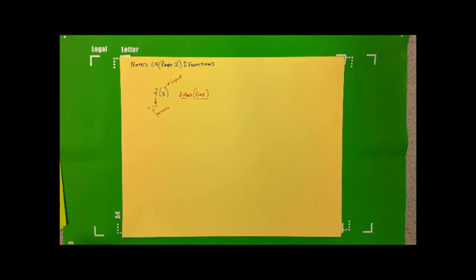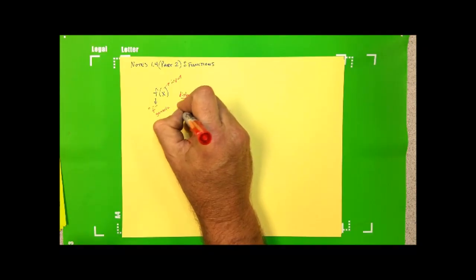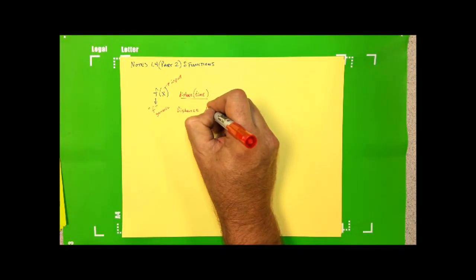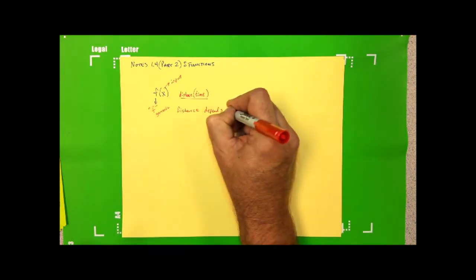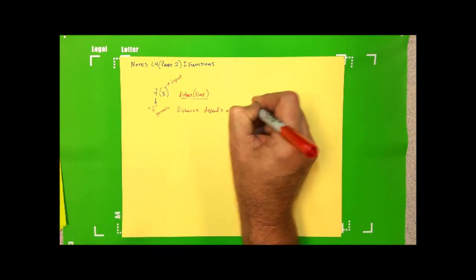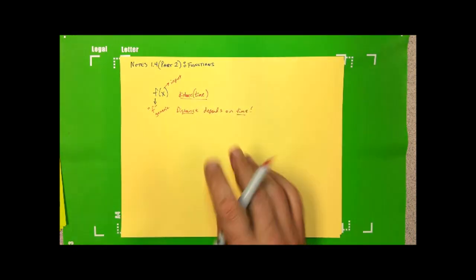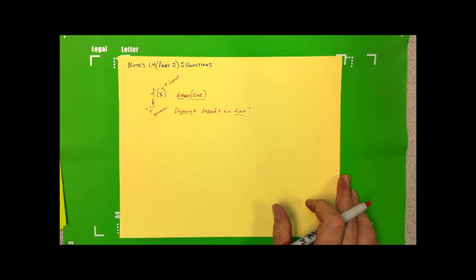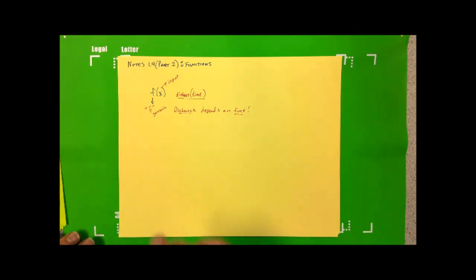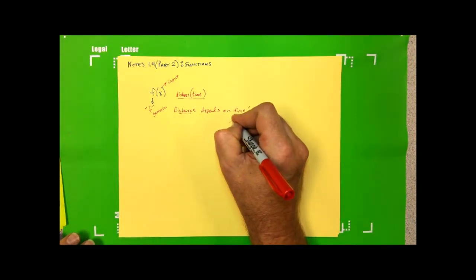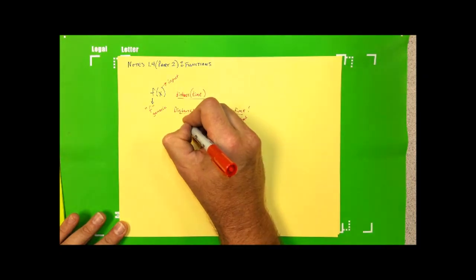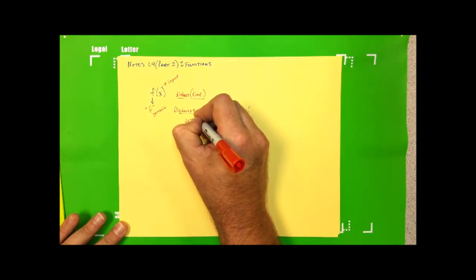Another way to say it is that distance depends on time. Distance depends on time. This is the notion that if distance depends on time, then time is independent, and distance is dependent.